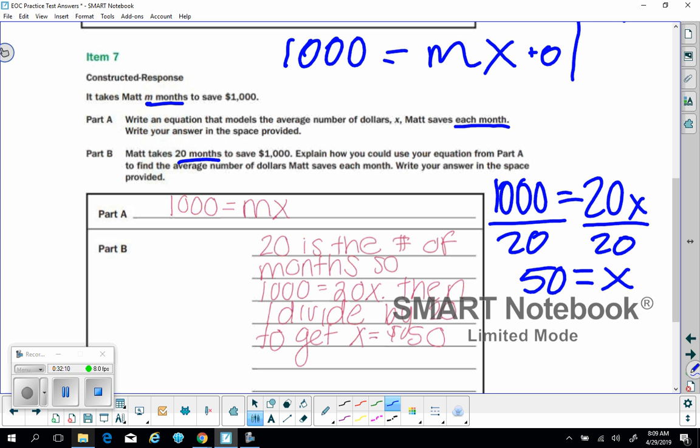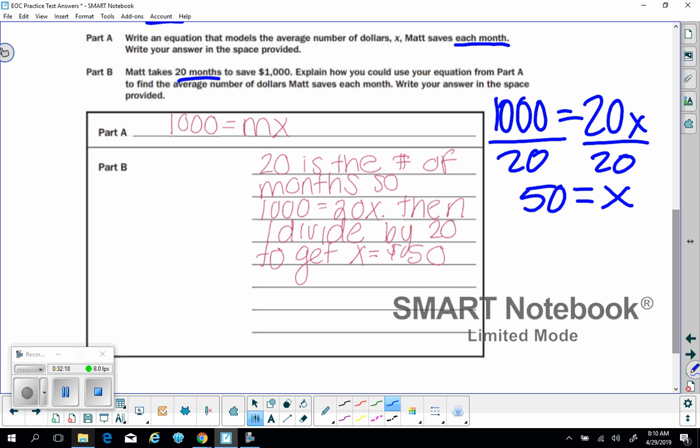So all you have to do is put that into words. 20 is the number of months. So 1,000 equals 20x. Then divide by 20 to get x equals 50. That's all you have to do. I know that it seems intimidating because there are more words and you have to use words, but all you're doing is putting into words what you did with the math. I always wrote out my steps first on the side, and then I put it into words.